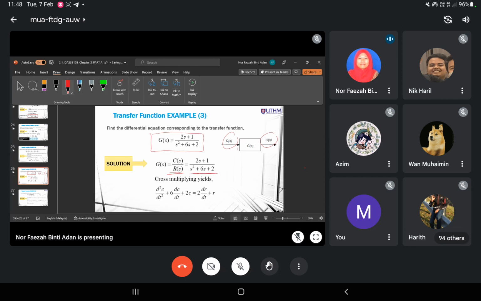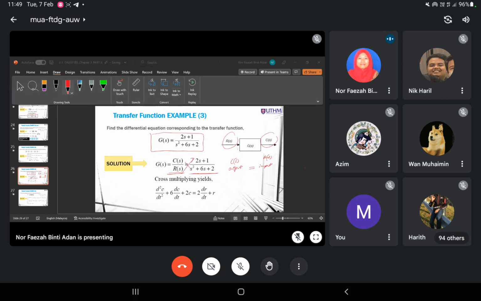And then next kita nak multiply. Okay, macam kita tahu when you are given a differential equation, the one on the left will be your output. The one on the right will be your input. Maksud output tu adalah terms yang CS. Maksud input adalah terms yang RS. Okay. So whatever the output, put it on the left hand side lah.